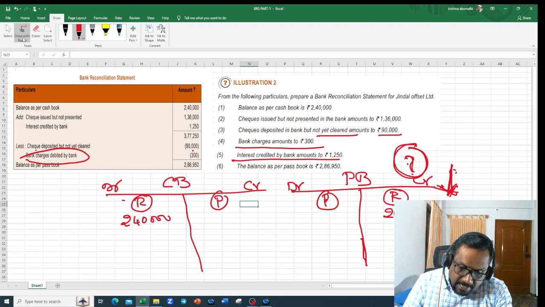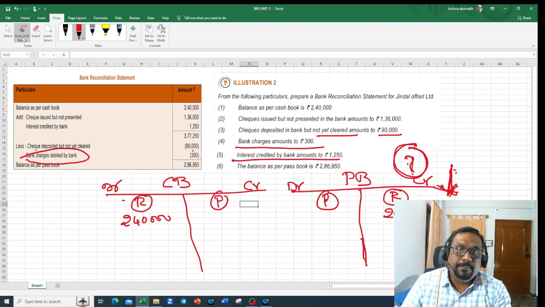Interest credited by the bank amounts to 1,250. The bank credited 1,250. Now what is the status of the balance? This balance is increased. One credit and other credit, balance will increase. So is the question mark balance increased or decreased? That is the question you need to ask.